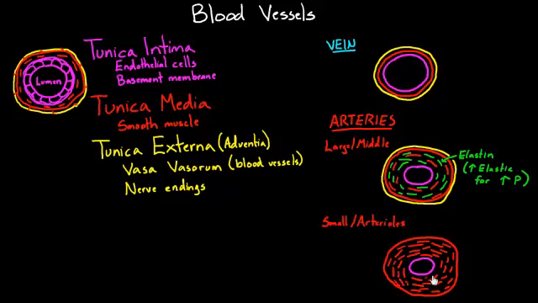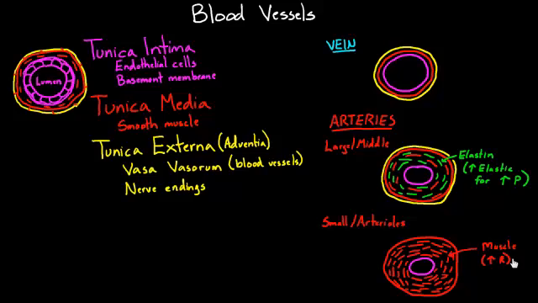And that makes sense because we know that the arterioles, look at all that muscle, the arterioles are actually going to be the ones that are going to create resistance. So here you have a lot of muscle, and this is to help create lots of resistance if you need it to change your blood pressure.